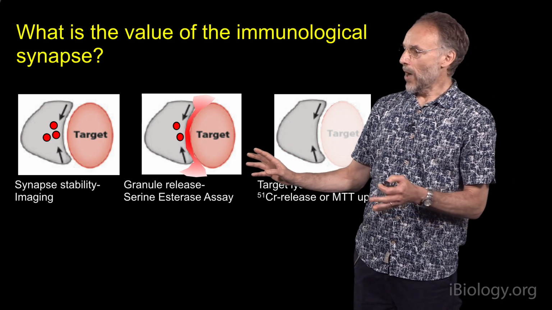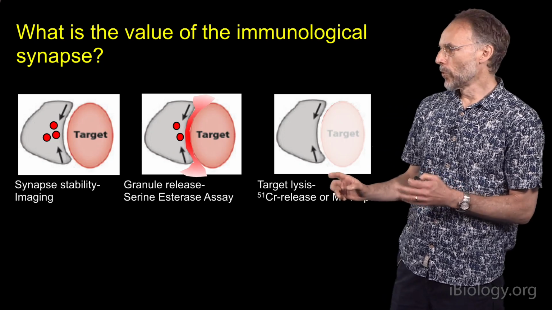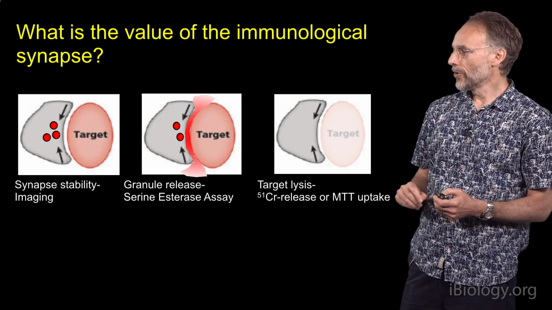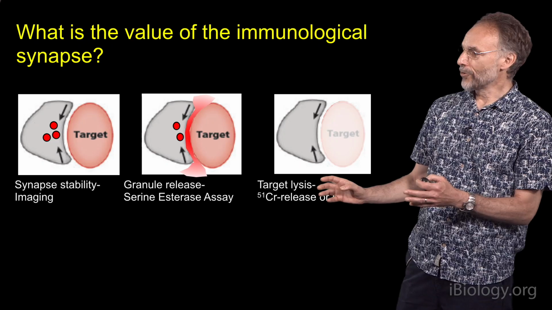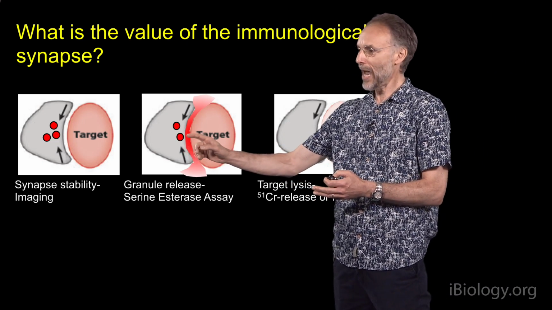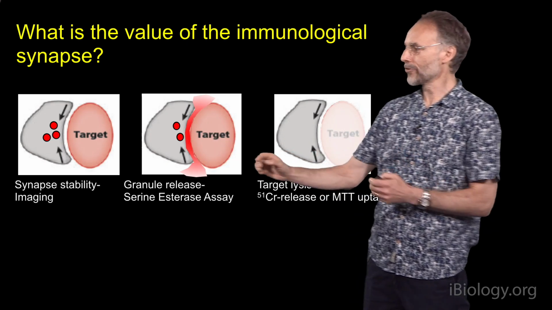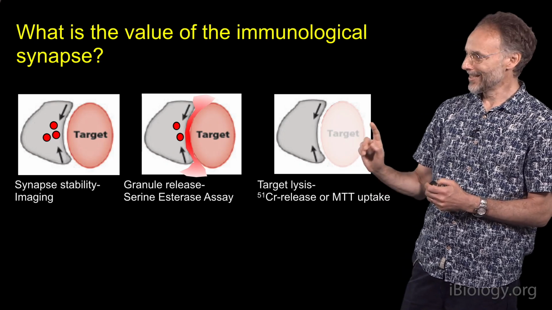So in terms of thinking about how important it is that you do that to kill a target, we were able to do some experiments in collaboration with Yuri Sokolov, where we could measure the efficiency of a cytolytic T cell by comparing how many granules it released, which was measured through a serine esterase release assay, and how efficiently it killed the target.